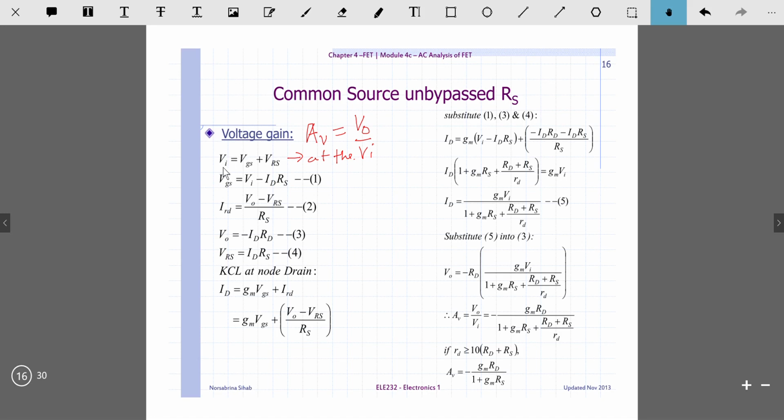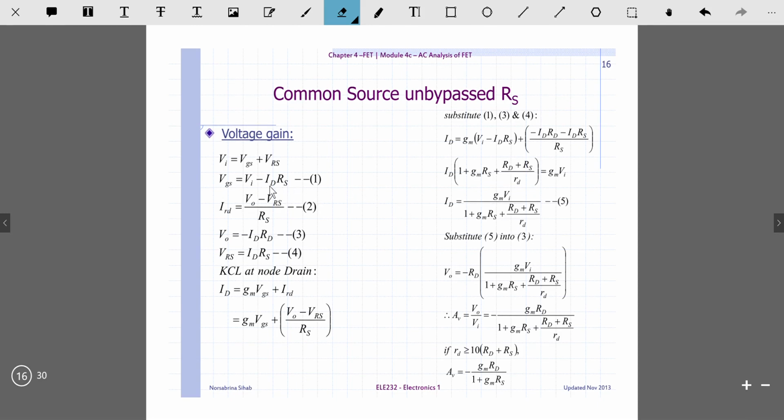Okay, so this is at the input loop. VGS equals V in minus IDRS.